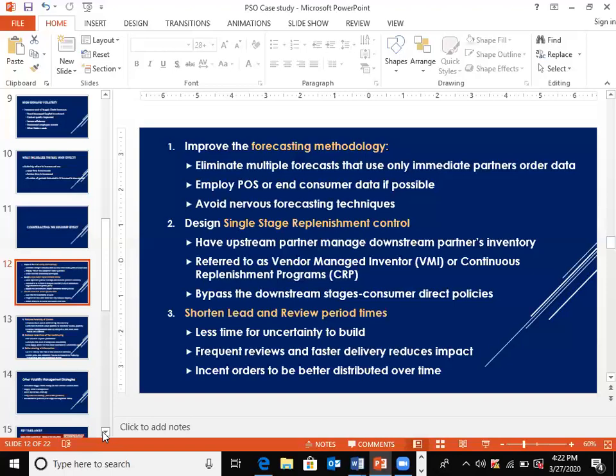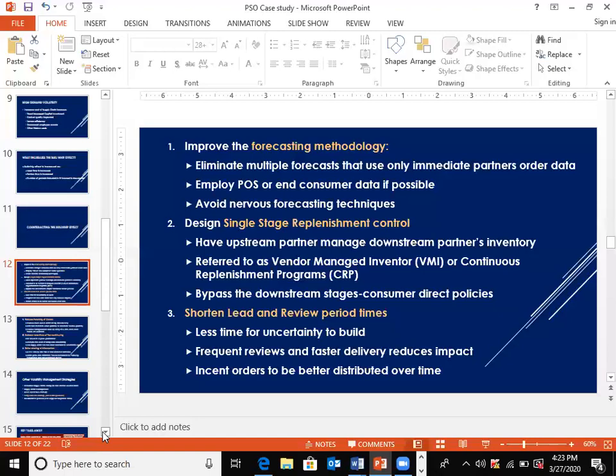But it's smart to also have some systems in place that make it completely transparent how much inventory various people along the supply chain have, and when the inventory levels start going low, you can automatically replenish the inventory.